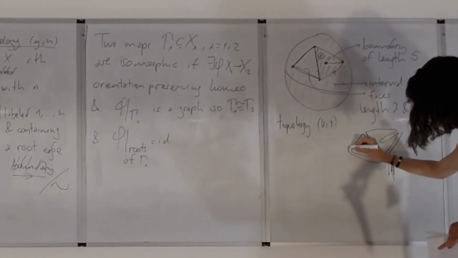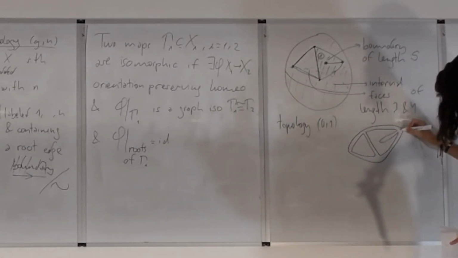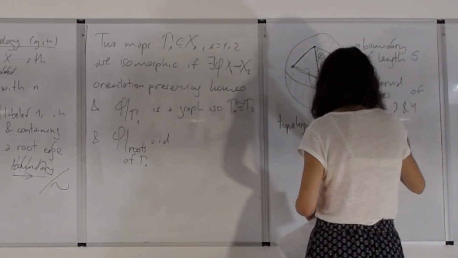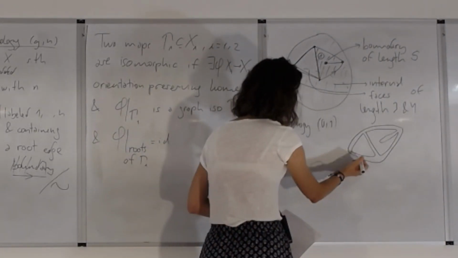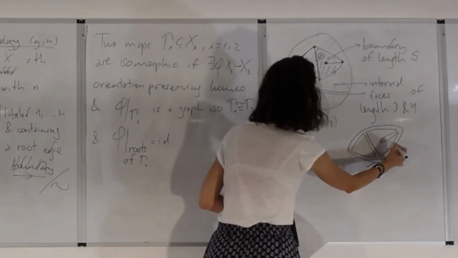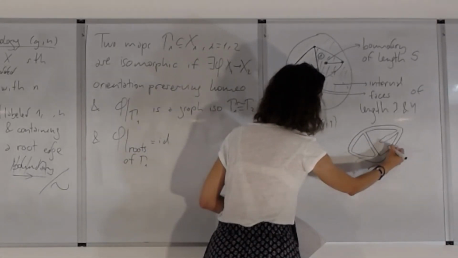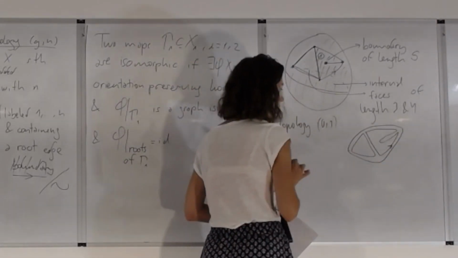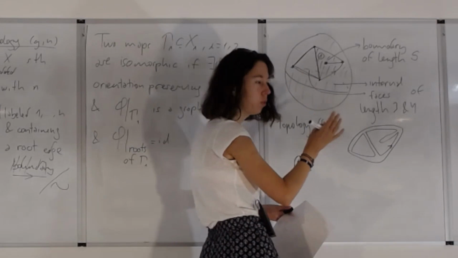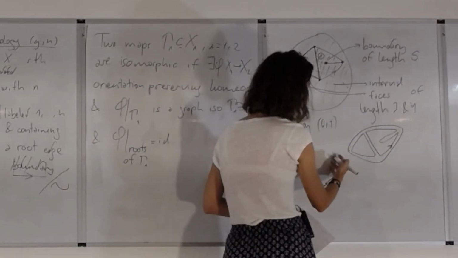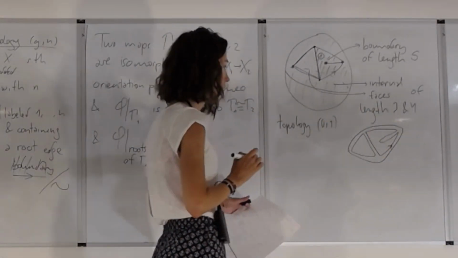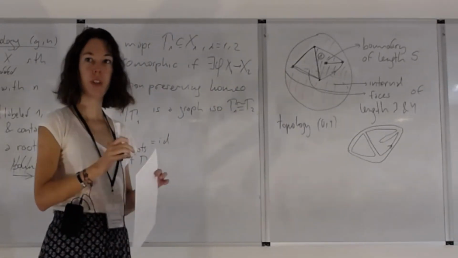So yes, this is the ribbon graph representation. I hope it doesn't make it worse, but this is the triangle, this is the boundary, that is a pentagon. So you can see here the two half edges glued together forming an edge, and then the exterior face, which is a quadrangle. Okay, is it clear?